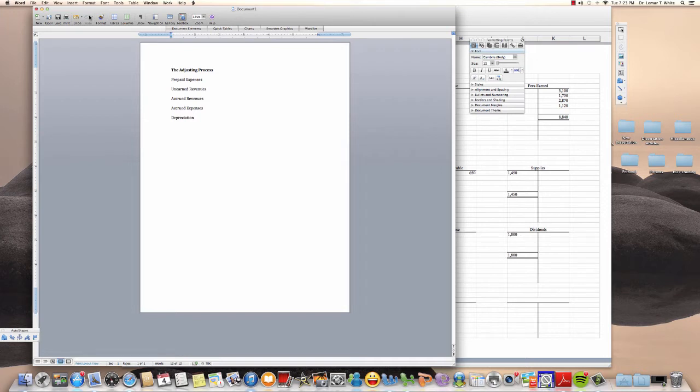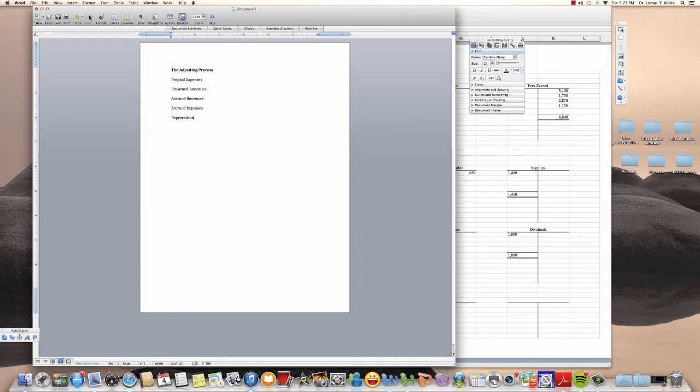Now, we mentioned in earlier lectures that we can prepay for the insurance. Because it's an expense to our company, but we're prepaying for it, meaning we're paying all the money up front even though we haven't incurred the expense yet, it's called a prepaid expense.